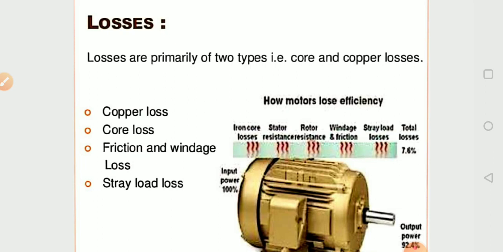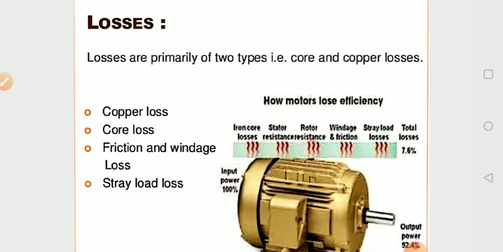Core losses occur in the motor and transformer in the magnetic core due to the alternating magnetization, which is the sum of hysteresis and eddy current losses. Friction losses are due to the friction at the bearing, slip ring and commutator.